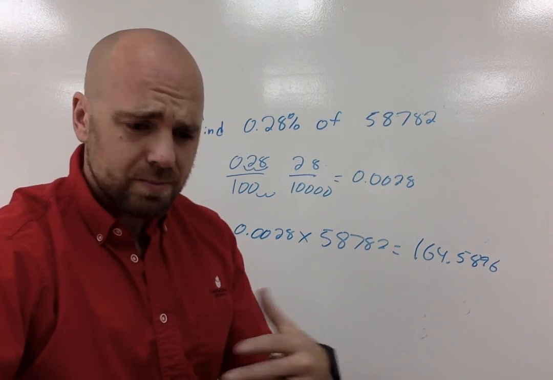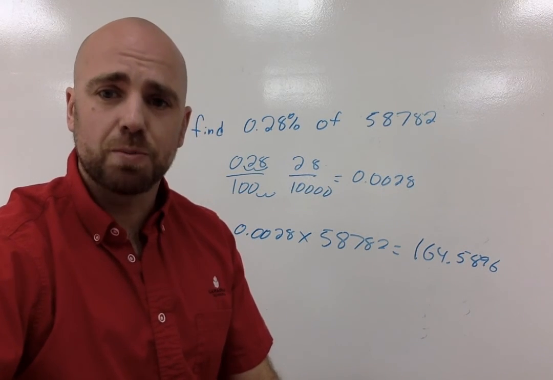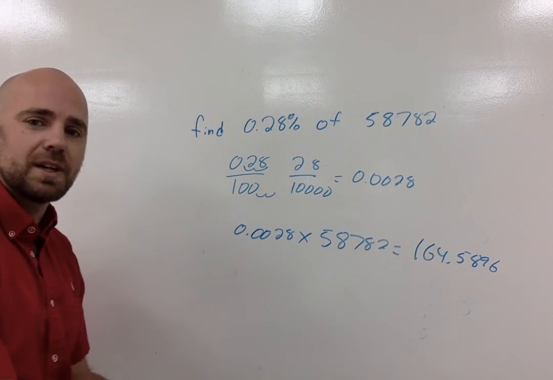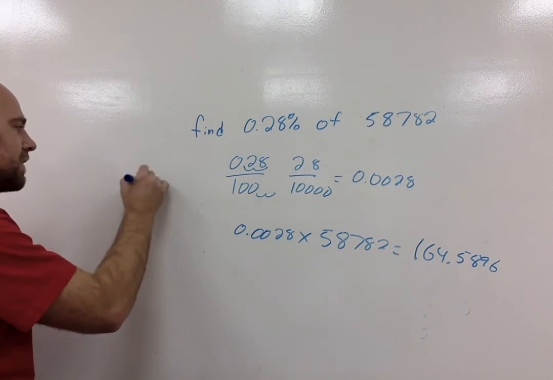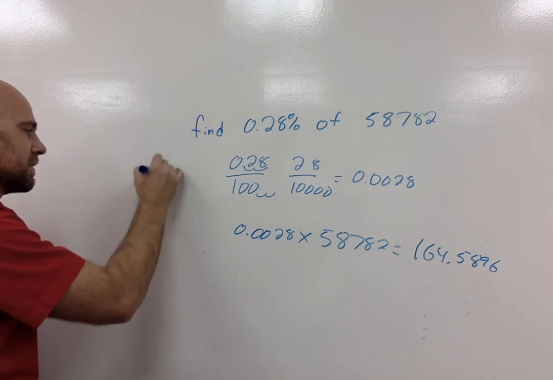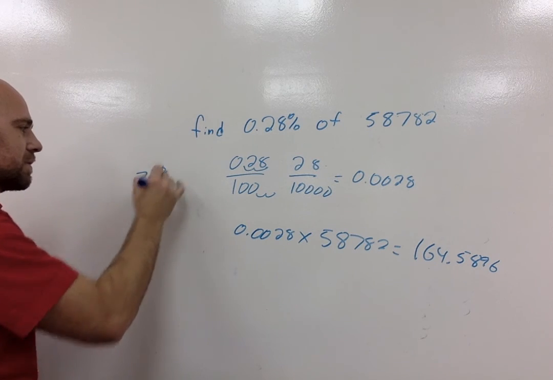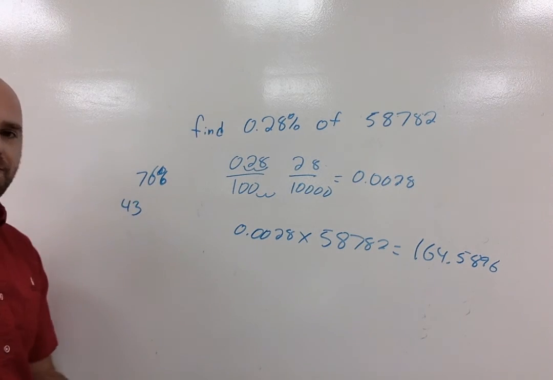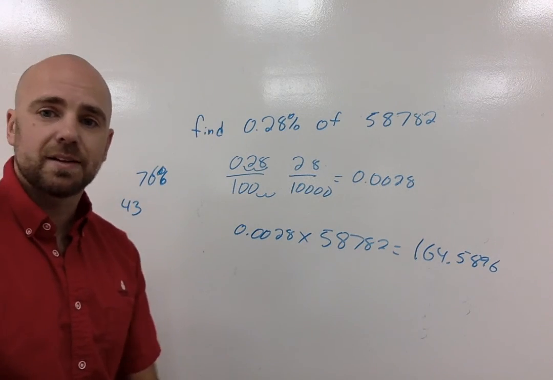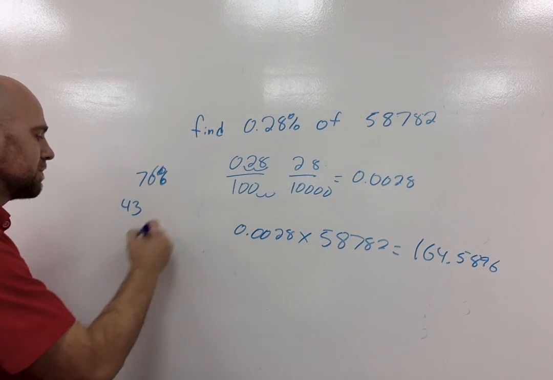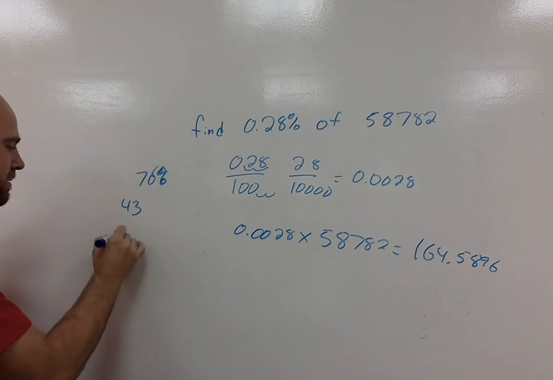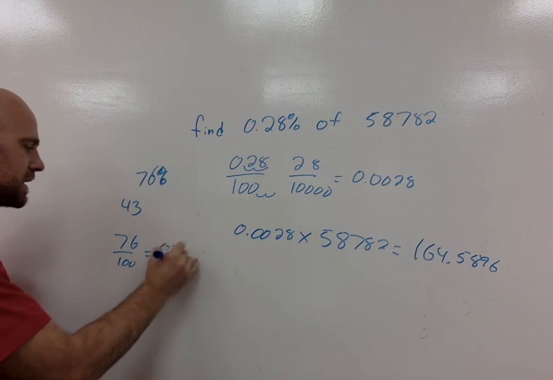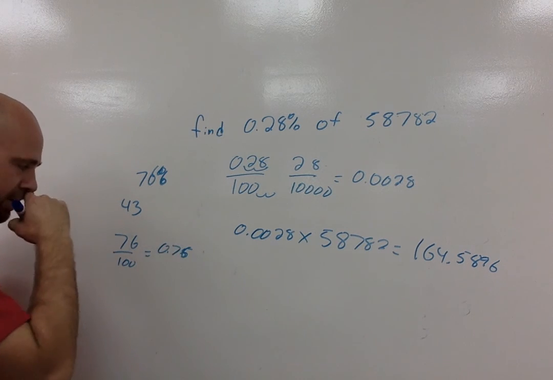If you were given, for example, your percent on a test, say I just handed out your test results and I said, you got 76%, the test was out of 43, what did you get? Well, you would take your 76 and turn it into a decimal, so you would say 76 over 100, which equals 0.76, or 76 hundredths.